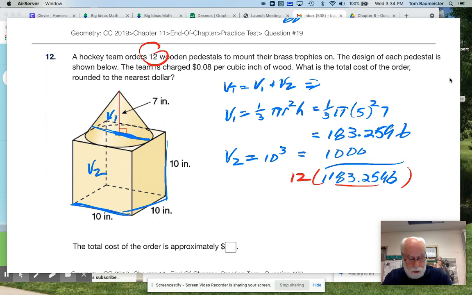That's the cubic inches right there. They're going to charge you 8 cents. So you're going to multiply that also by 0.08 or 8 cents. And when you do that, what is it to the nearest dollar? If you work that out, you will get $1,136.